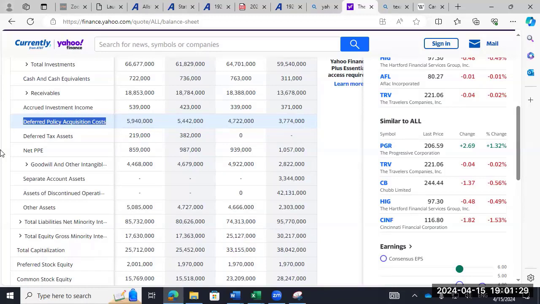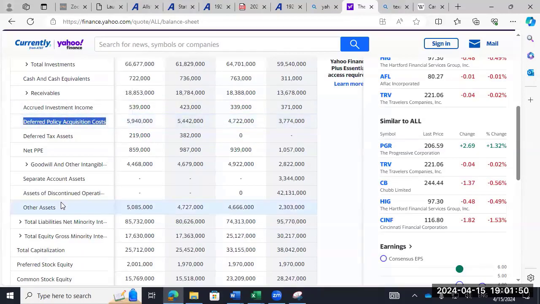And so what GAAP accounting said is, okay, if you spend $1 billion doing blood work, underwriting, getting these bureau reports, you get to capitalize that as an asset and you get to amortize it over the life of the policy. Really bizarre. And this includes marketing and all kinds of costs in there.